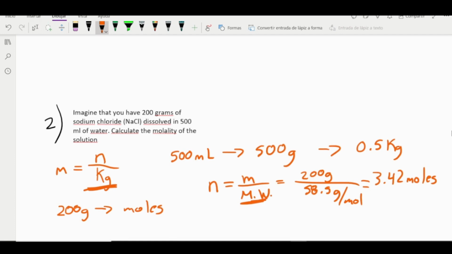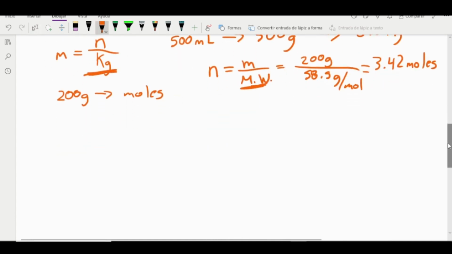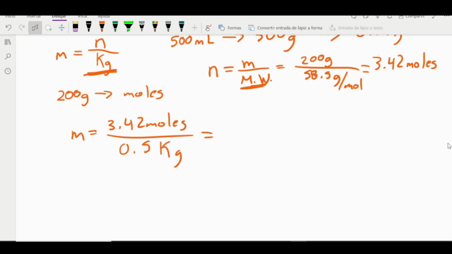So now that we have the moles, it's going to be simple. We only need to apply the formula: moles divided by kilograms. The molality is going to be 3.42 moles divided by 0.5 kilograms. If you divide it, or multiply times 2, it's going to be the same.